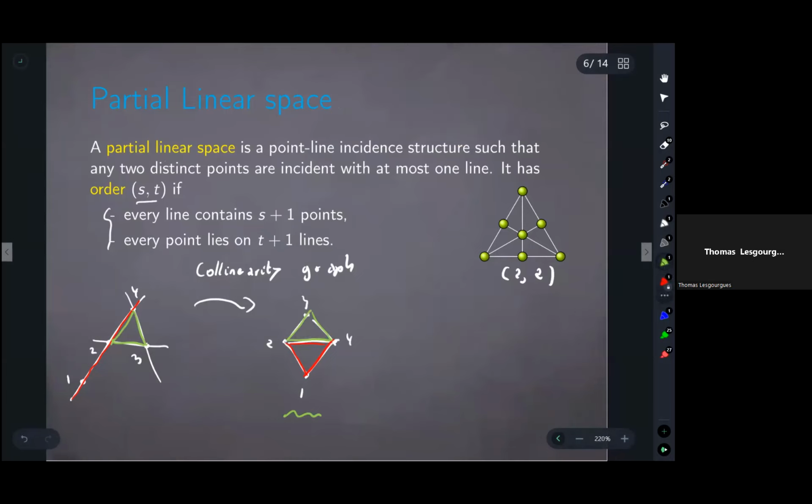So there's one condition we start with: we're going to look for partial linear spaces that we call triangle-free. Okay. So we know that if we have a triangle-free partial linear space, we can build this kind of graph, and we have the start of a control on the cliques.